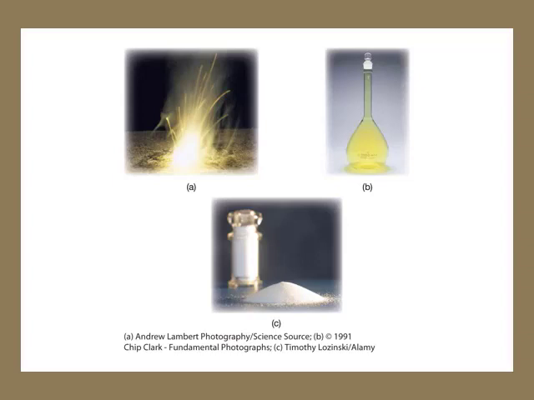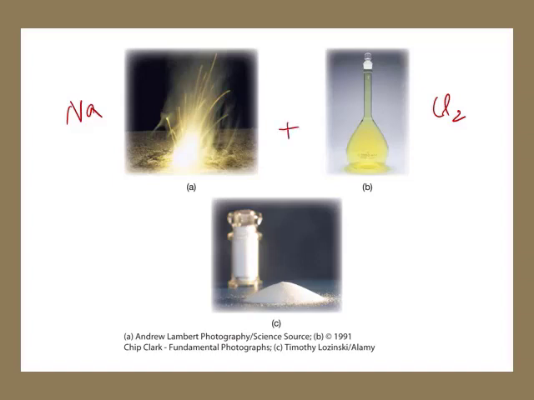For example, in case of sodium chloride, as shown in the picture, it is formed when sodium metal reacts with chlorine gas. Now, sodium metal is a highly reactive metal, and it catches fire when it comes in contact with water or moisture. It's quite dangerous. Similarly, chlorine gas is a yellow gas. It is also quite toxic and is harmful if inhaled.